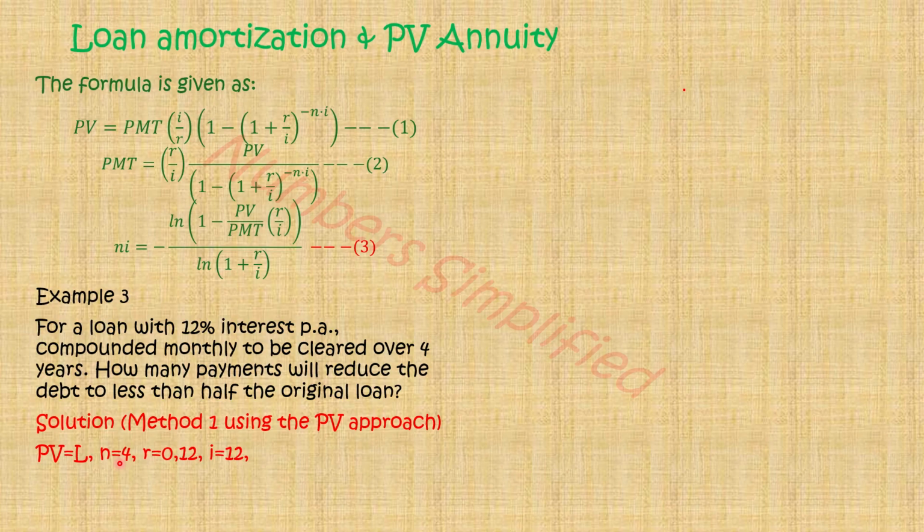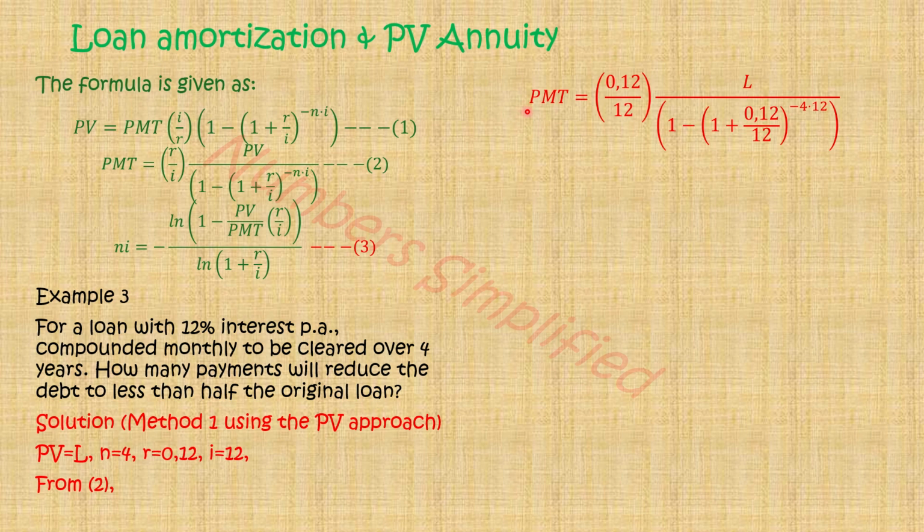Then the R, which is the interest rate per annum, is 0.12, that is to say 12%. And this is being compounded monthly, so our I is equal to 12. Right, so equation 2 helps us to get the PMT, which is the equal installments that are to be made regularly. So PMT is given to be that.